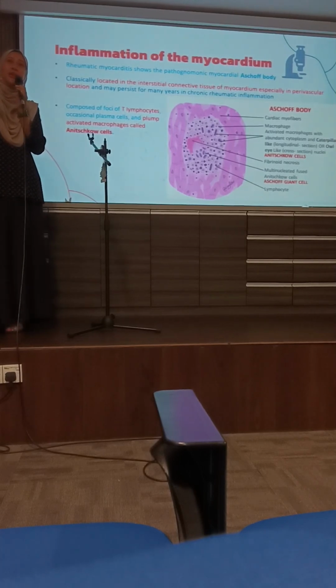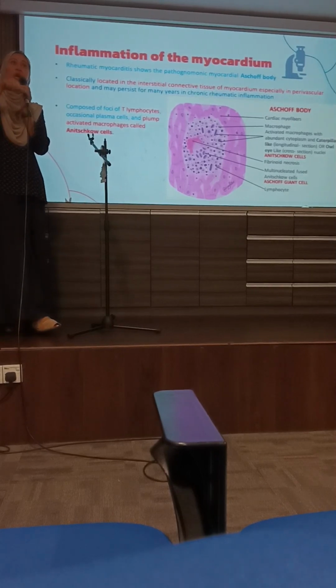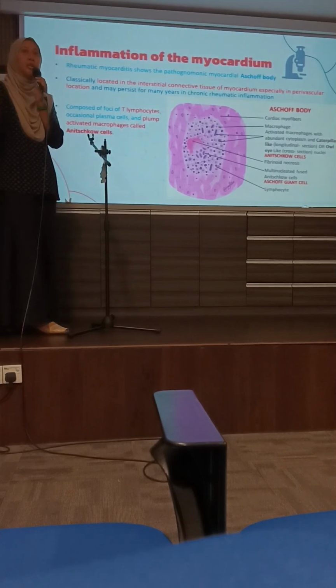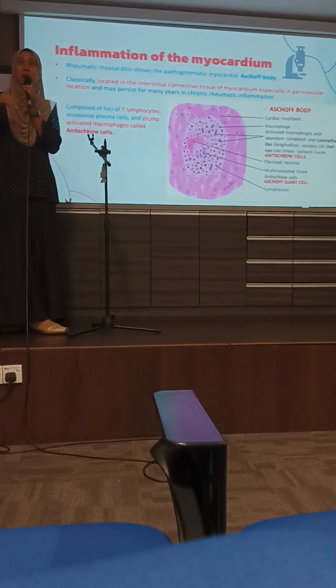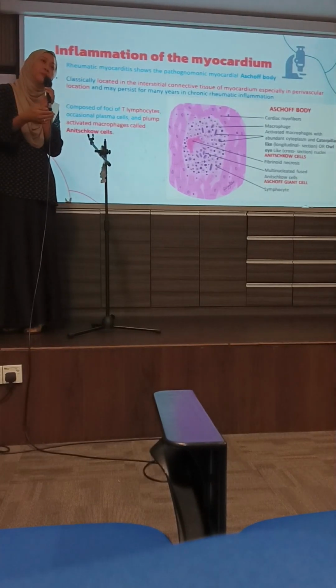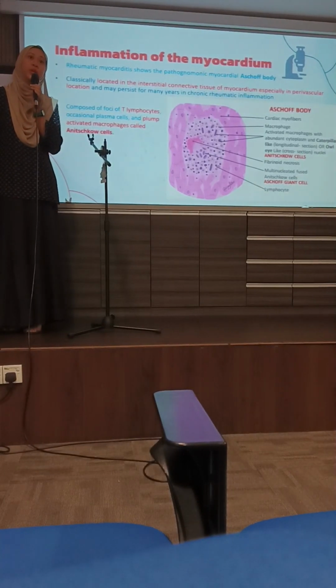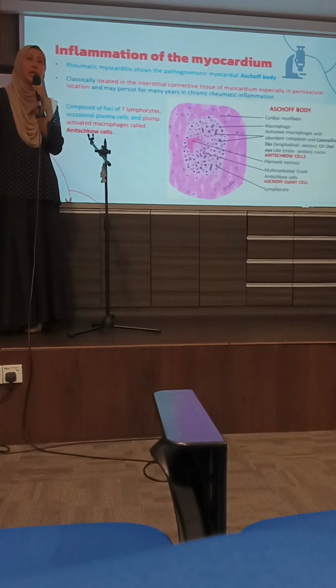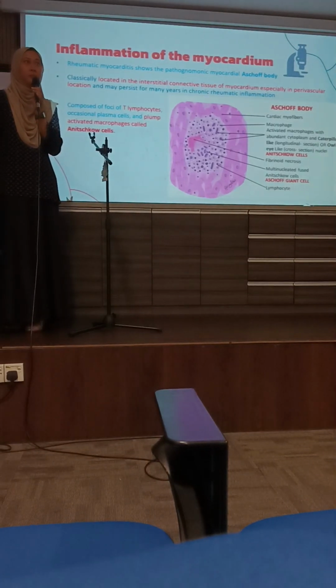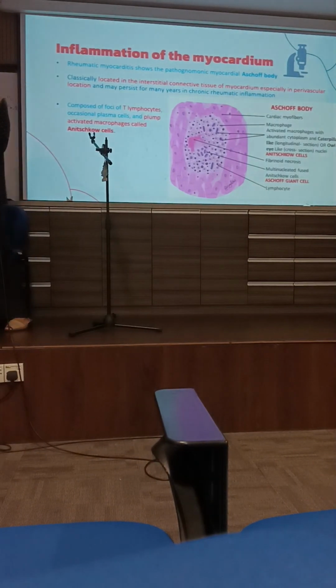Okay? And as you know, in a granuloma, you can have giant cells, right? So similarly, in an Aschoff body, you can see a giant Anitschkow cell. Okay. So in a granuloma, you also have reactive lymphocytes.